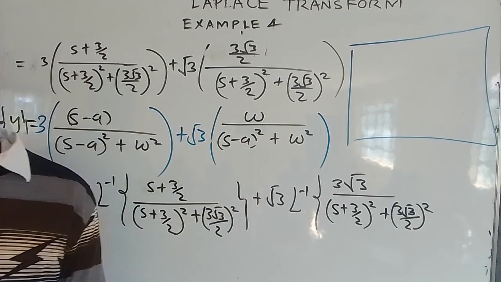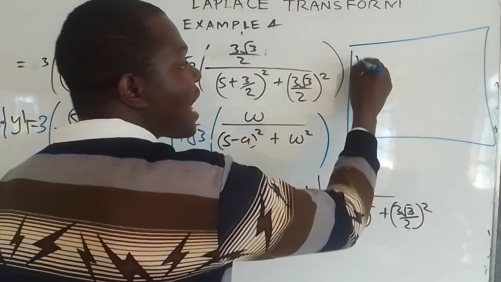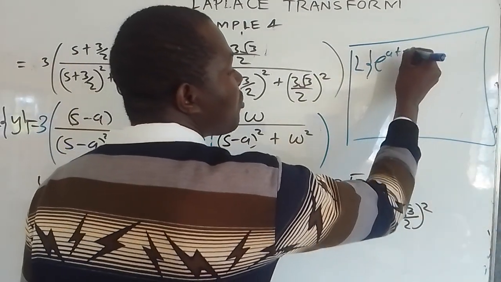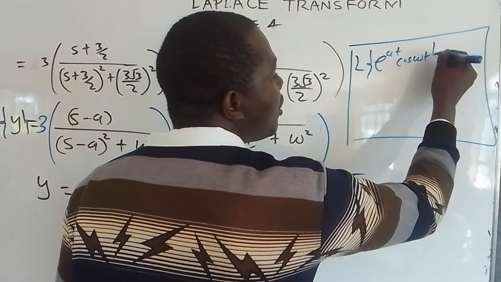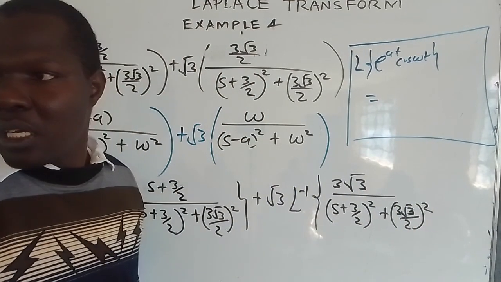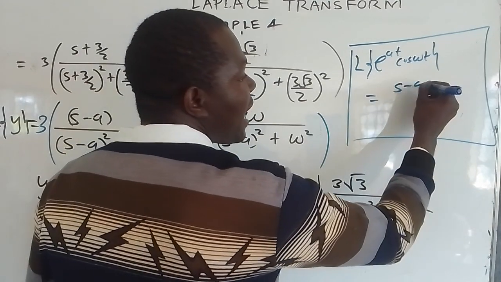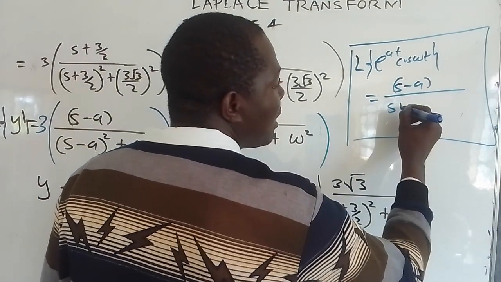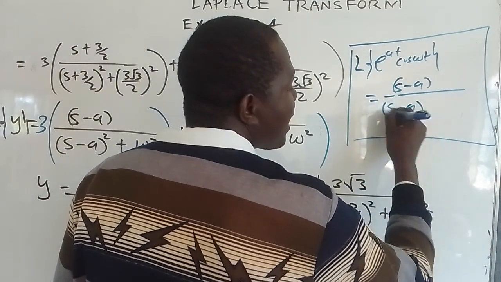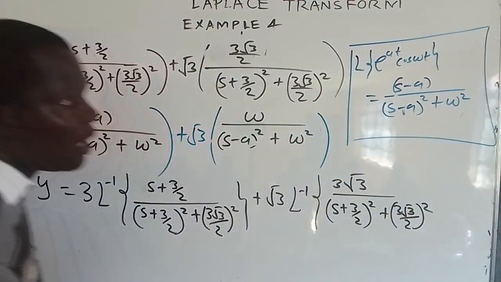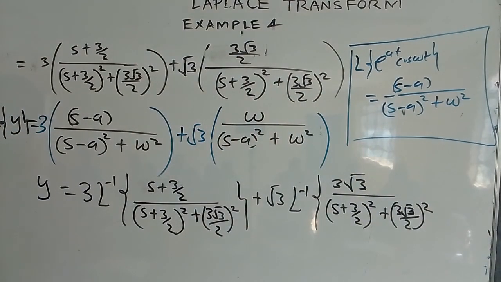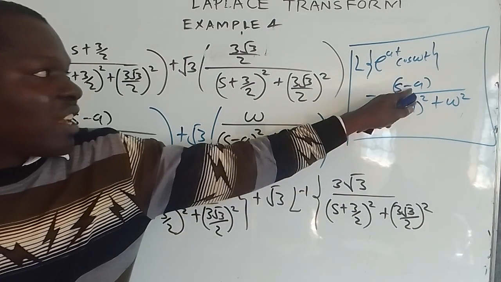What have we done in the rough work? In the rough work, we found that the Laplace transform of exponential AT cos WT is S minus A over S minus A squared plus W squared. That is what you substitute here. So we have 3, then the Laplace inverse of this gives you back that.